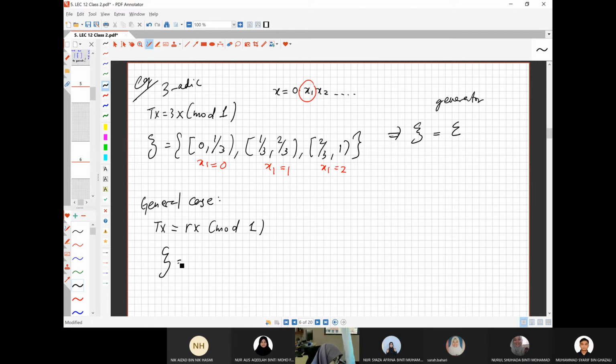So I can have your psi to be 0 element to 1/r, and then 1/r to 2/r until r minus 1/r until to 1. Okay.